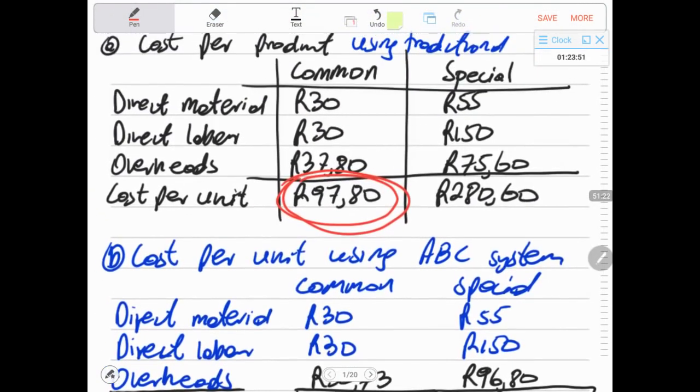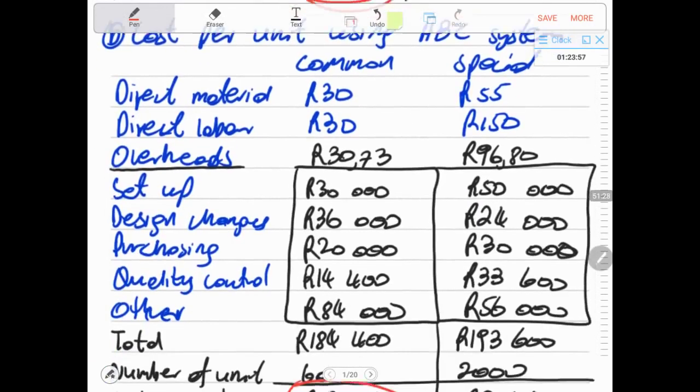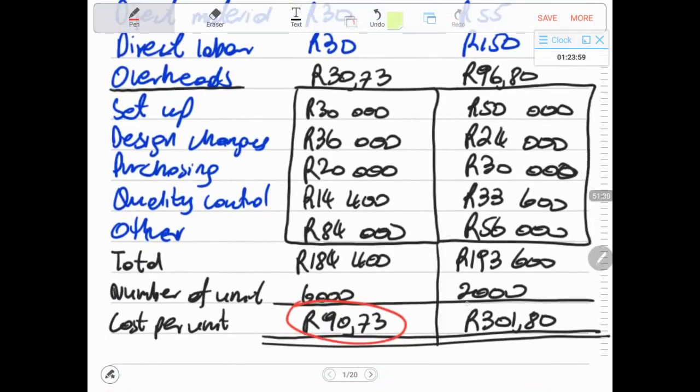And now when it comes to the special product, the cost per unit is 280 rand 60 cents, but when it comes to ABC, it is 301 rand 80 cents. As I said to you once again that ABC is more accurate in terms of allocating overheads using those activities and cost drivers.